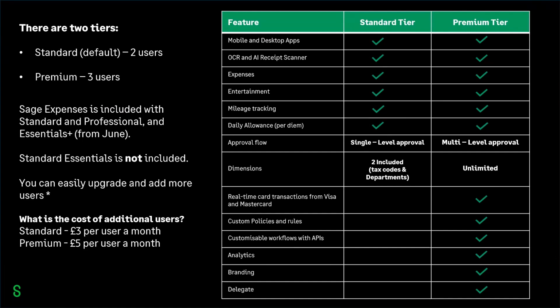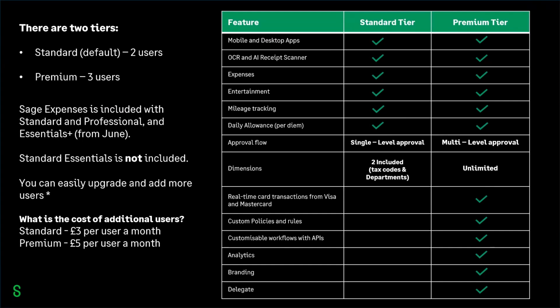So in your Sage 50 accounts, if you have the variant Standard or Professional, it will be in Essentials Plus from June. It's July now, so that should be in there as well. Essentials Plus is slightly different.